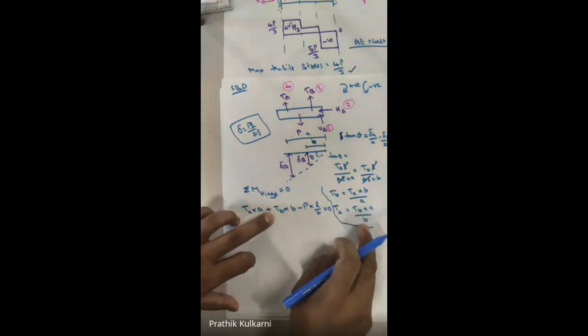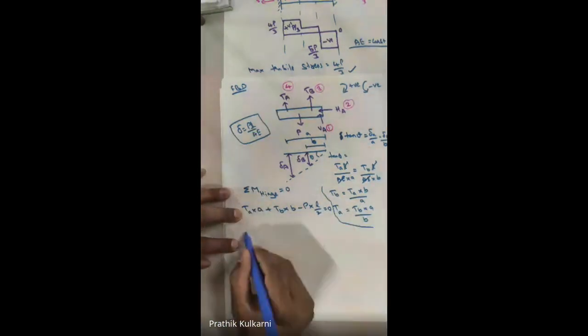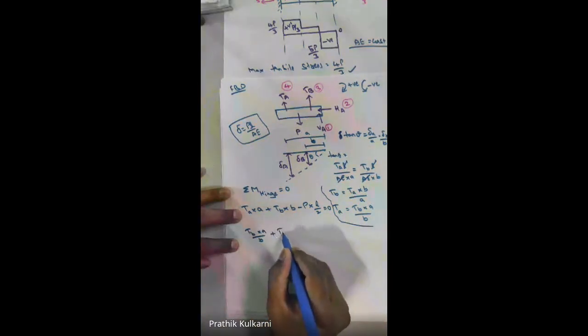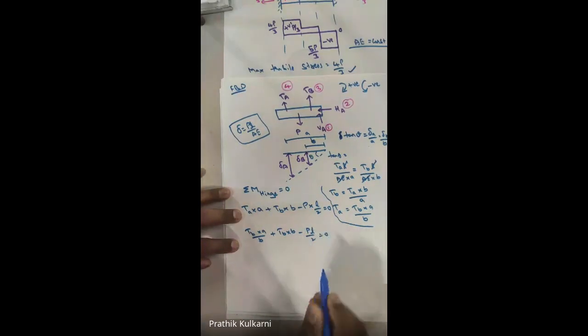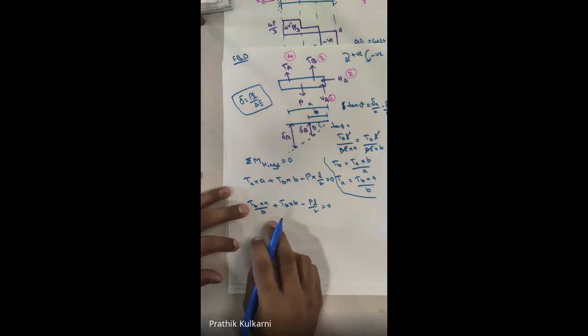Either you can substitute, your choice. So shall we substitute TA? TA is TB into A by B, plus TB into B, minus PL by 2 should be equal to 0. So from here, can we calculate our TB?